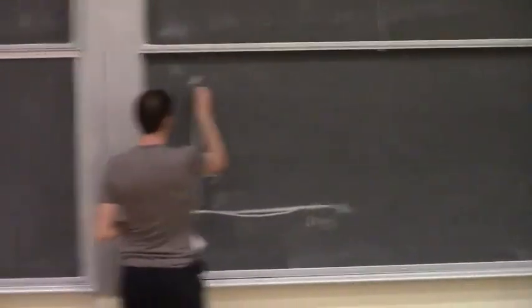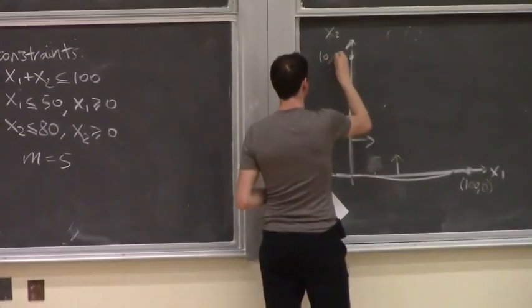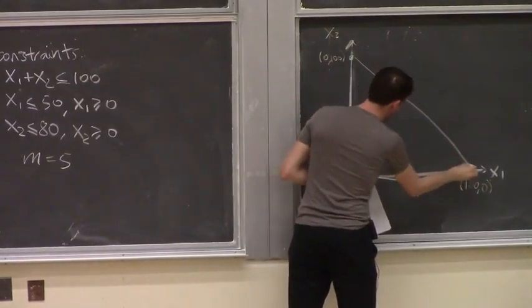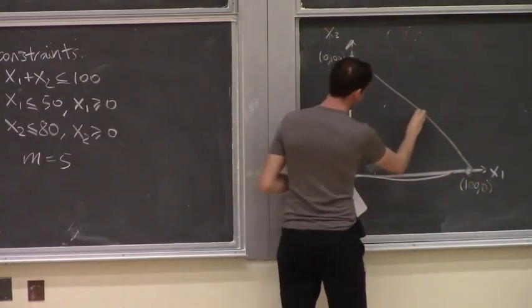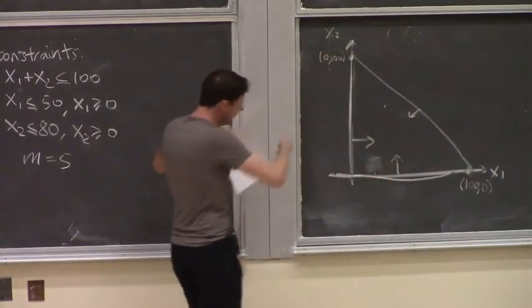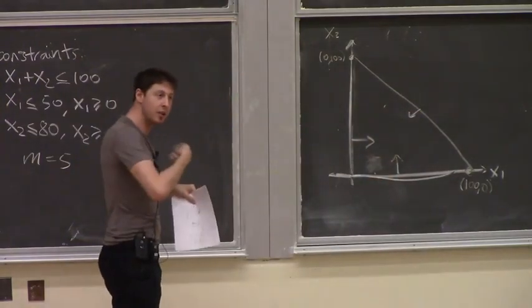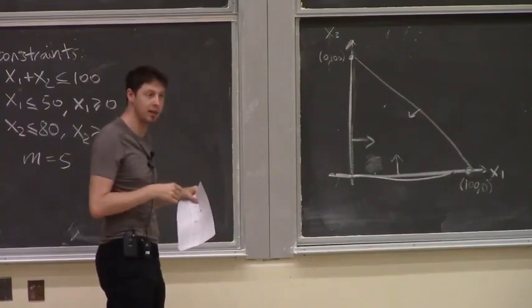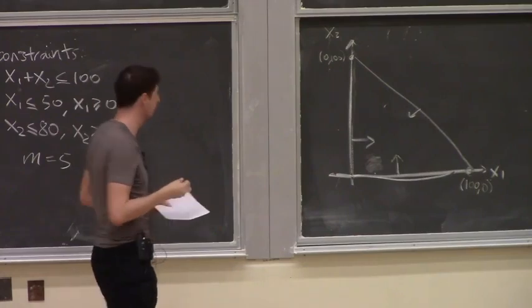And it meets the y-axis at 0, 100. So that constraint is saying, take this line and look inside here. Each constraint tells us to discard some number of solutions. We need to keep taking the intersection because we have to satisfy all constraints.